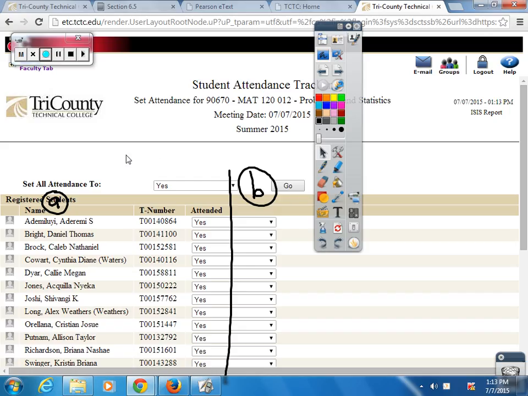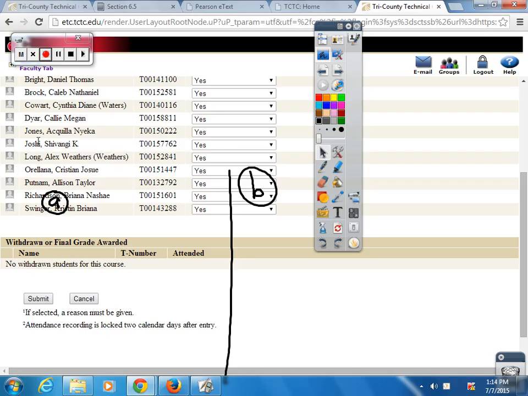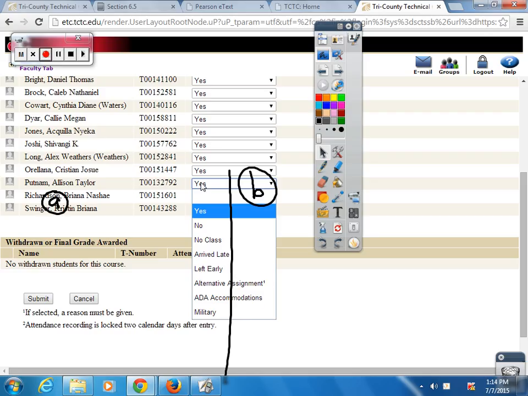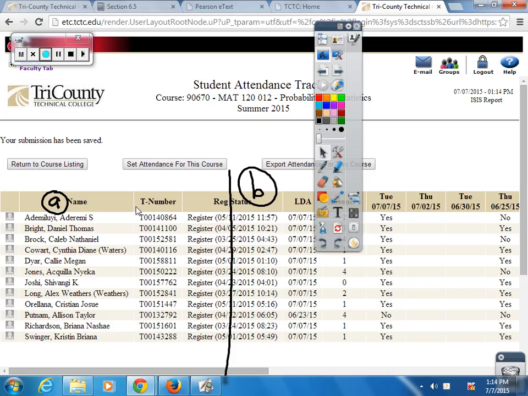Okay, Remy's here, Bright's here, Brock is here, Cowart's here, Dyer's here, Jones is here, Joshi is here, Long is here, Oyano's here, Putnam, haven't seen Miss Putnam. Richardson is here, and Slinger is here. Is Miss Jones here? I thought so. You're so loud. I thought I saw you. I said yes, but then I corrected myself. Okay.